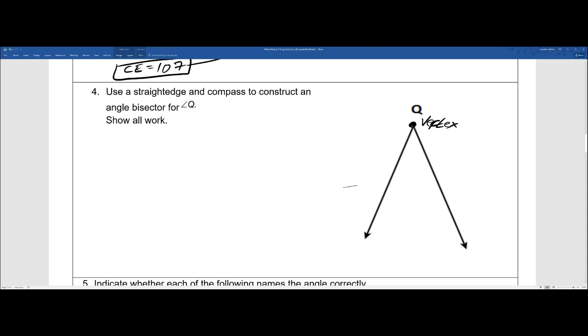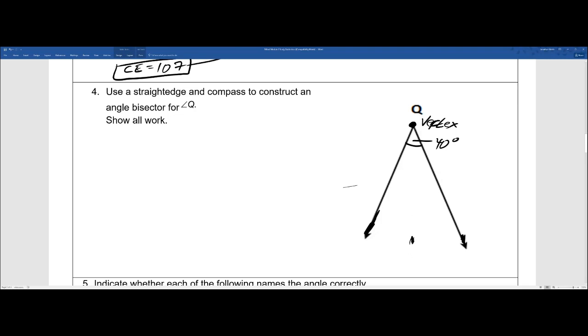Okay, so you're going to line it up with one of your rays. Now, if you line it up with this ray, you're going to work on the inside of the angle, okay? So you're going to get a measurement. You're going to mark it from this ray to the one that you're lined up on. Let's say I measured 40 degrees, okay? What you're going to do is measure out 20 degrees on your protractor and mark right there, okay?